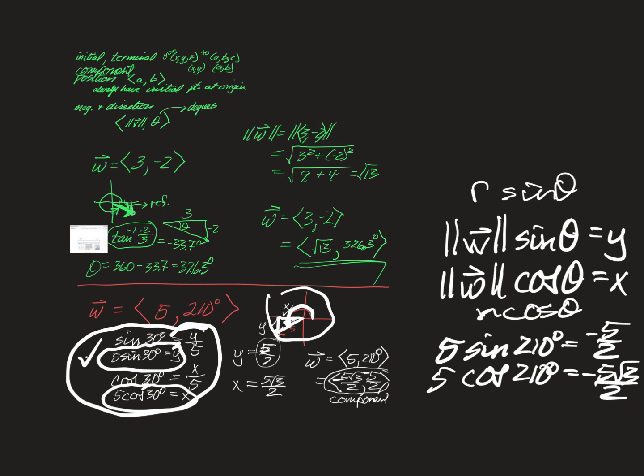But when you're doing vectors, we got to watch out for those signs. And so we want to actually use the angle of the vector. And that would have given us a negative in each case. So the component form is x negative 5 square root of 3 over 2 and the y negative 5/2. Okay?